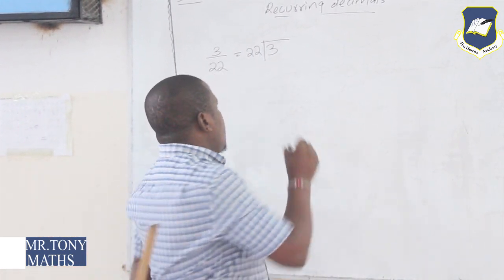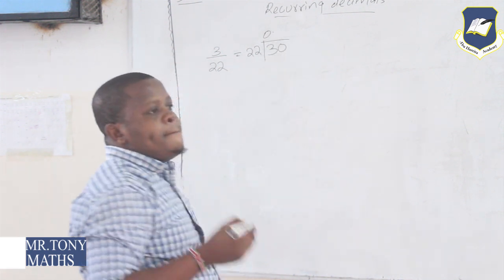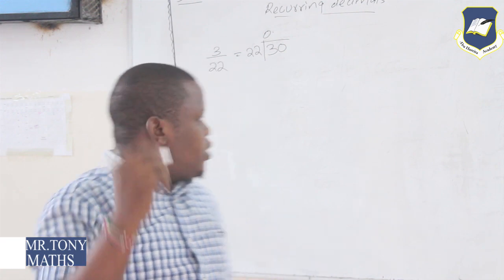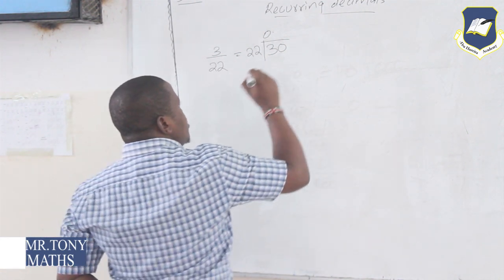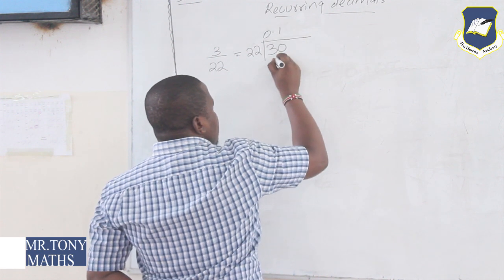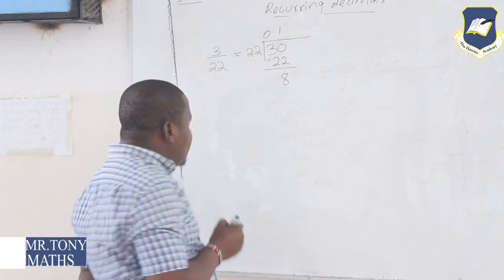So you put a 0 up there and a point, then you drop the 0 there. This becomes 30. 22 goes into 30 once. That gives you 22. Subtract, you get 8.